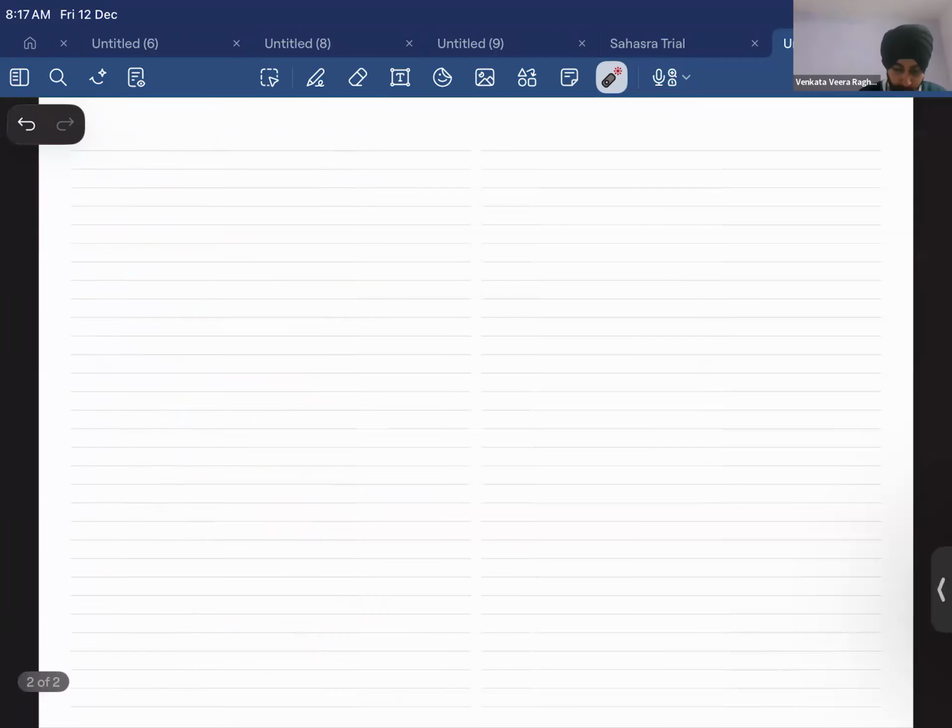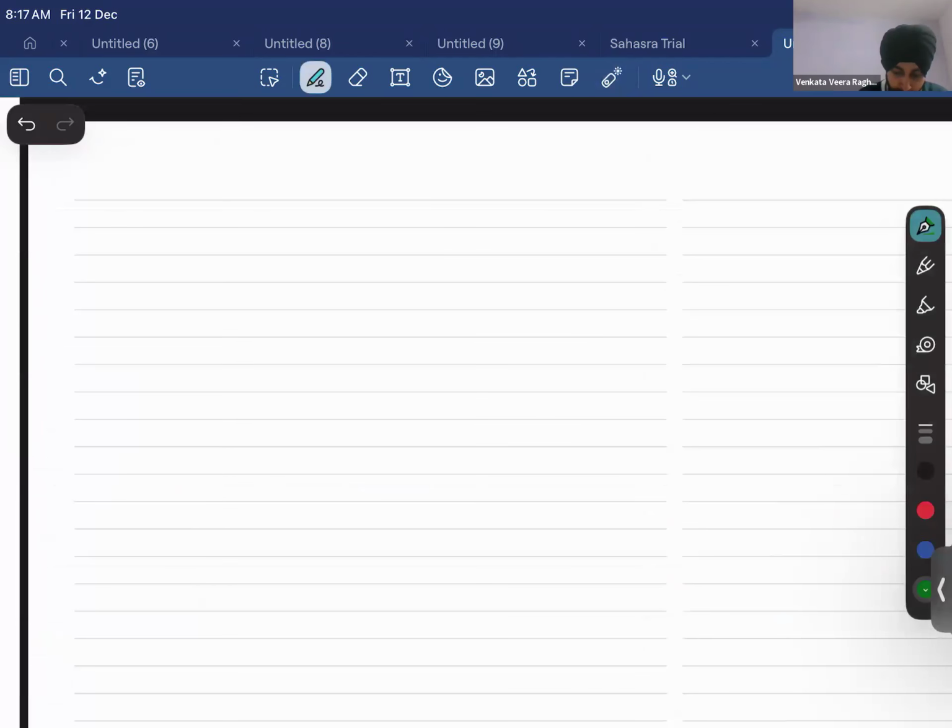Let's say I have HCl and I have to find its concentration, which I don't know. I am taking 10 ml of HCl, and in the burette I am taking NaOH whose concentration is 0.2 molar.